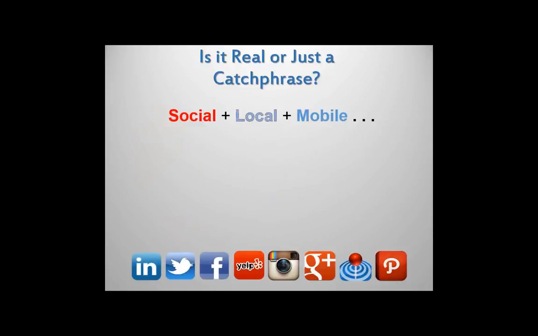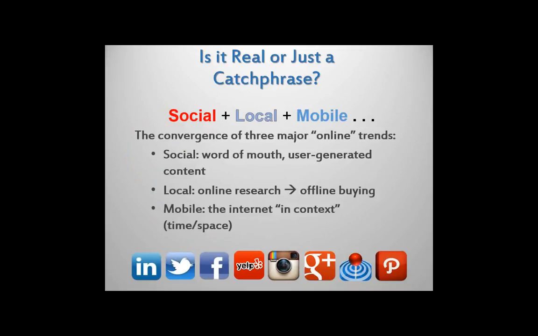So the question then becomes, is it real or just a catchphrase? Is social, local, mobile a reality? Well, the convergence of these three technologies is really the center point of these online trends. In the social world, it's word of mouth, user-generated content, one-to-one and one-to-many touch points. On the local side, it's online research and online buying.